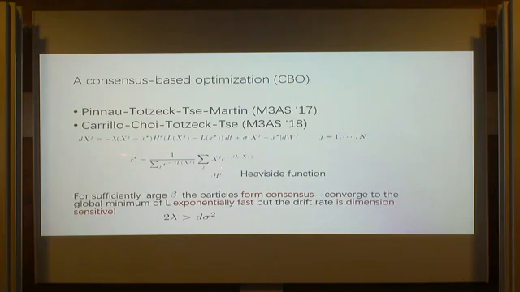What's nice about this particle system is that they can actually prove this consensus. That's the reason they use this model. You can prove that if beta is sufficiently large, the particle system does form a consensus, and this consensus is nothing but the global minimum, and the convergence is exponentially fast. However, you need some condition here. Lambda is the drift rate, sigma is the strength of the noise, and in their proof, they need 2 lambda bigger than d times sigma squared, where d is the dimension of x.